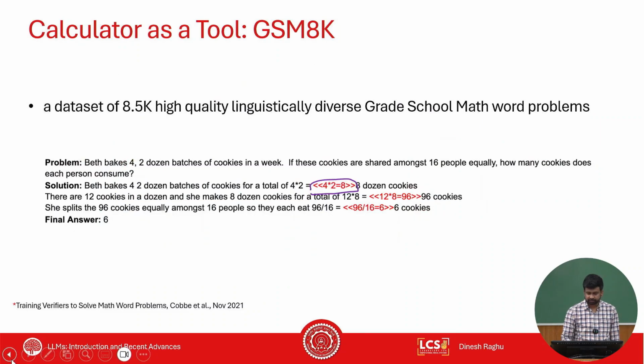So what they did was that they decided to augment the data set with tool calls. That was their first solution. They used an automated way to ingest possible calculator annotations before any calculations were made. While they were not able to annotate every step in the solution, they annotated a good amount of them, and whatever they annotated was right.